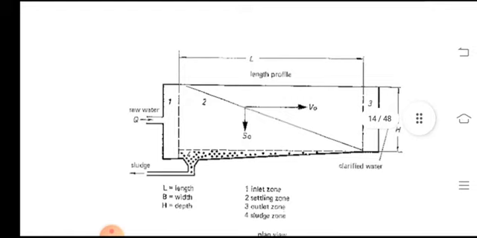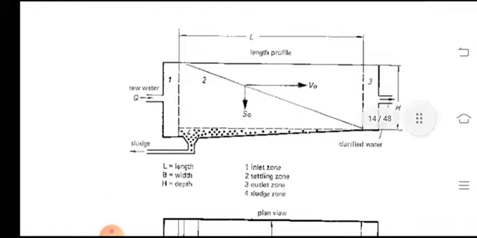Here is some explanation about the velocity which is going to take place. We have a flow Q, the flow rate coming inside the tank, which is going to be taken all the way to the outlet flow, where we will be getting clarified water.